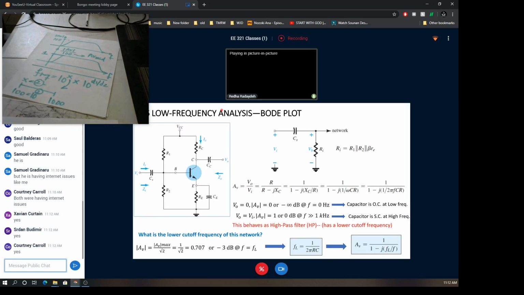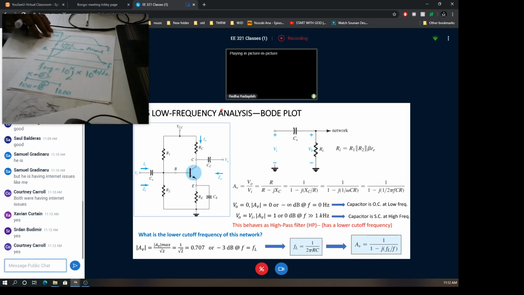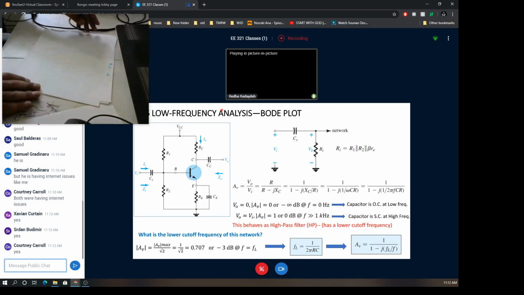We move on now to section 6. We start our analysis of how we can find these cutoff frequencies from a real amplifier circuit. Start with the low frequency analysis.